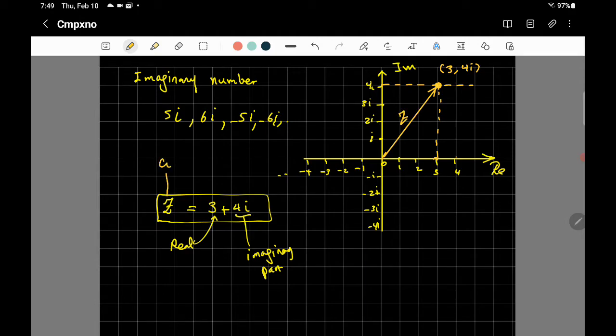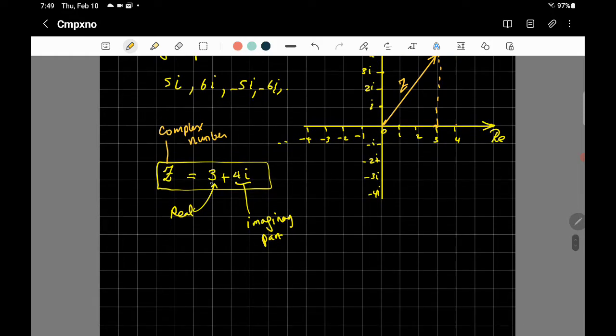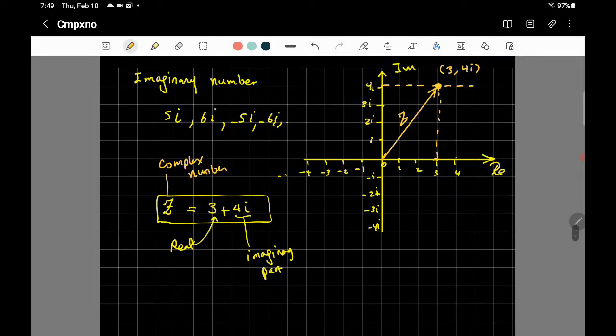So z is called complex number. So complex number contains two parts, real part and imaginary part. That's z, and that's how we represent it in the rectangular form.